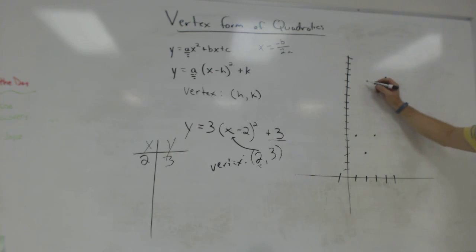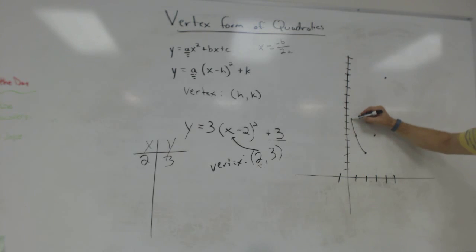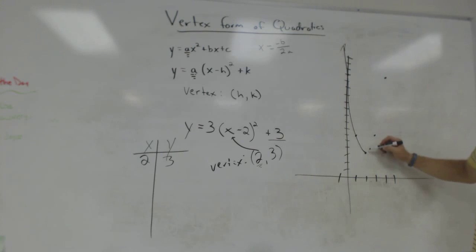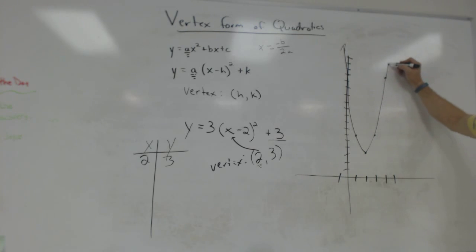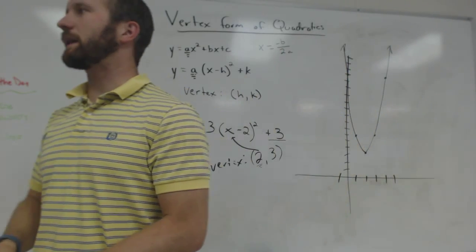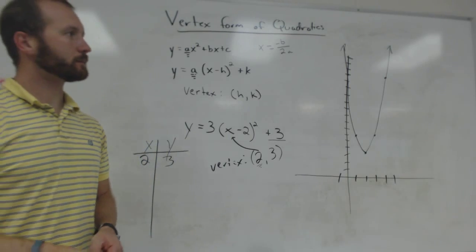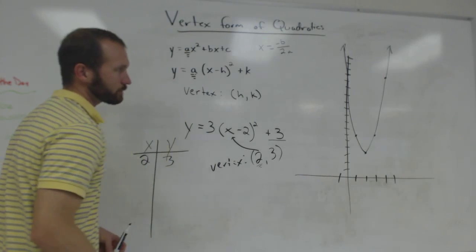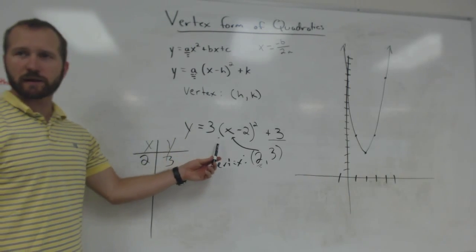Somewhere right around there. So we have a really steep parabola. A really narrow, skinny parabola. Okay. Questions about that? So that's with A.